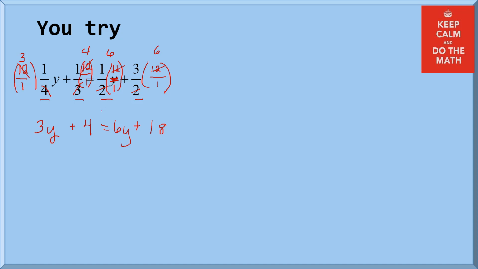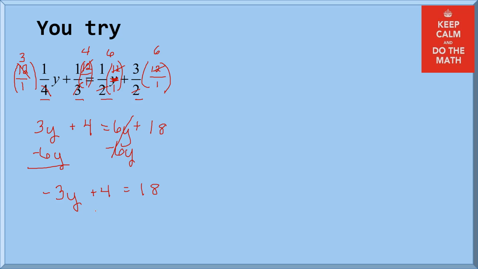So now again, you're going to solve, and it doesn't matter which way you take your variable. I'll go ahead and demonstrate this way by moving the variable to the left, which most people are used to. So these cancel, 6 minus 6 is 0. 3y minus 6y is negative 3y. Bring down the plus 4 and the 18.